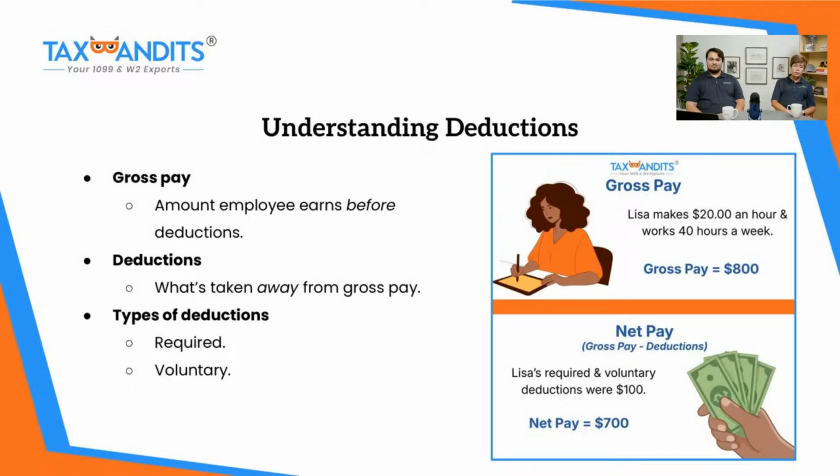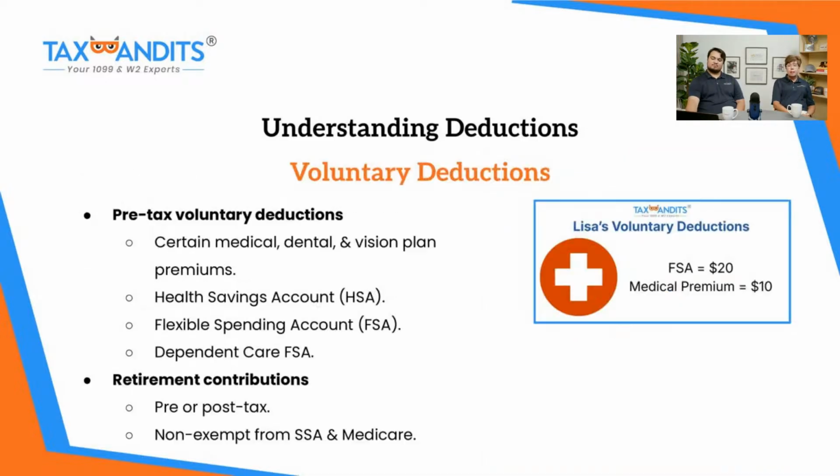So understanding your deductions, again, gross pay is the amount the employee earns before deductions. Deductions are what is taken away from the gross pay. And again, taxes are required and voluntary deductions are elective. And with that, there are different types of deductions.